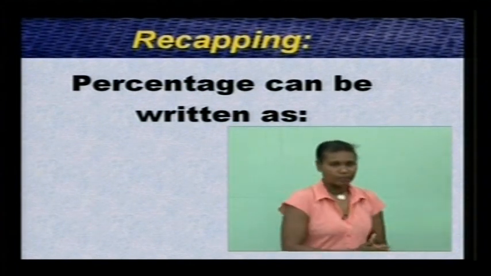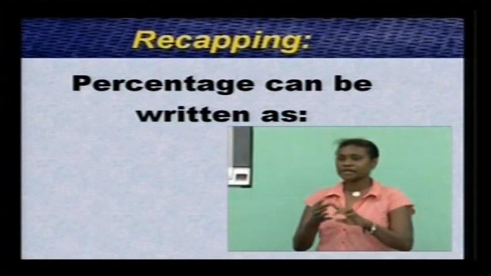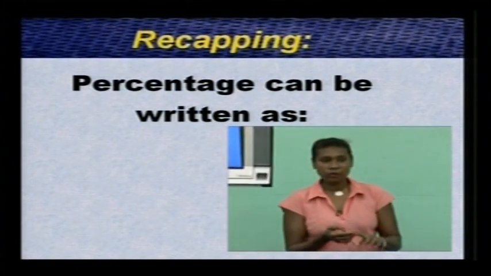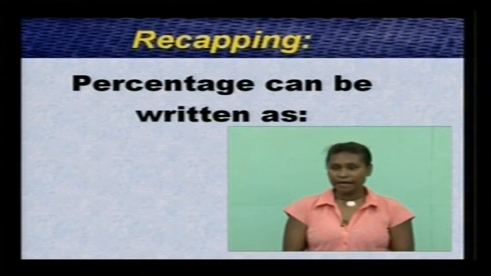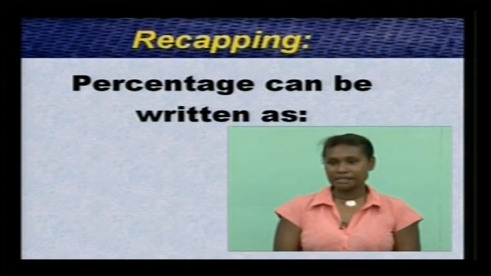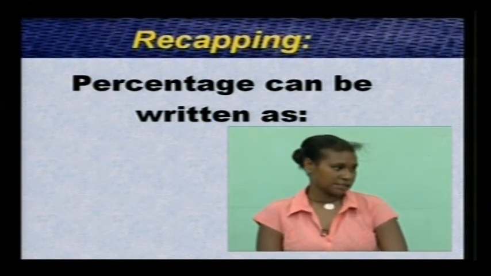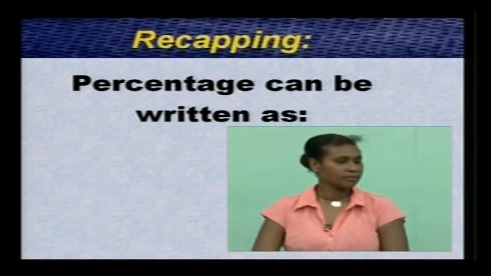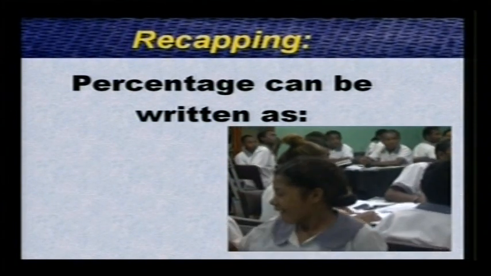60/100. You have learned 3 things: percentage, fraction, and decimal. So I am looking for 2. Percentage can be written as. One example is given as 60/100. What can that be termed as? Nola? Fractions and decimals. Okay, very good.